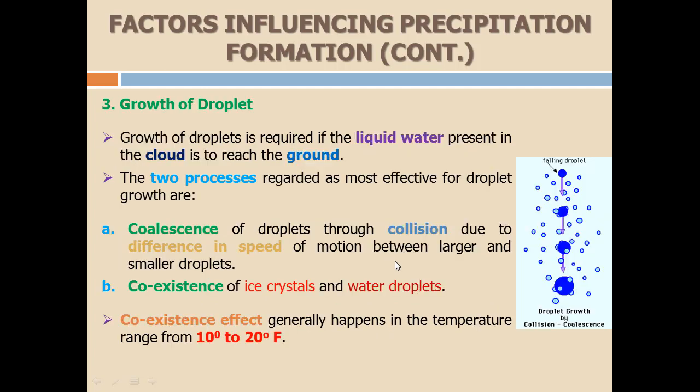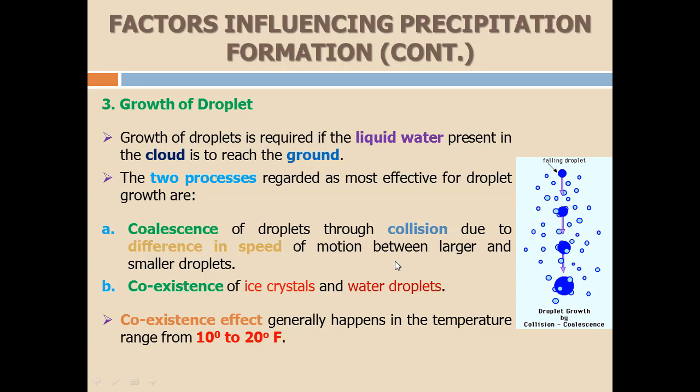The last step of precipitation formation is the growth of droplets. The vapor has already condensed into liquid or, let's suppose, solid form, but still there is no precipitation.